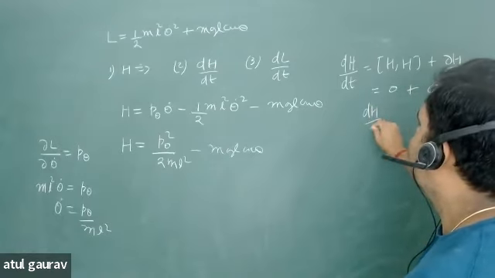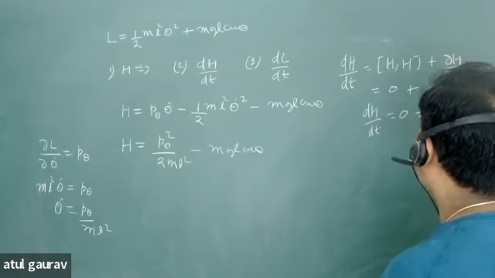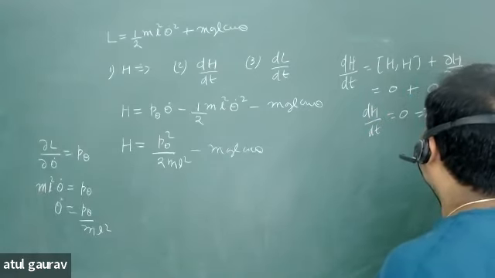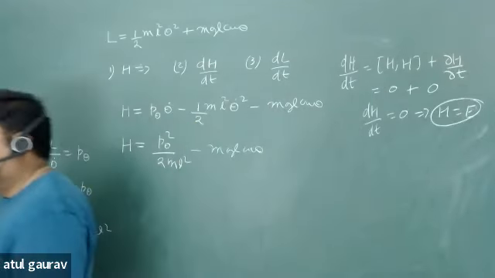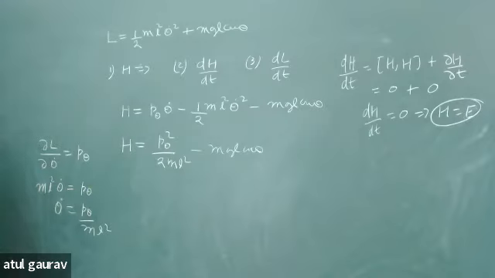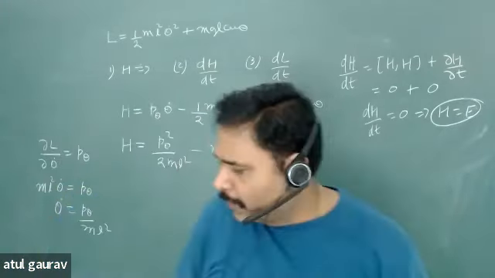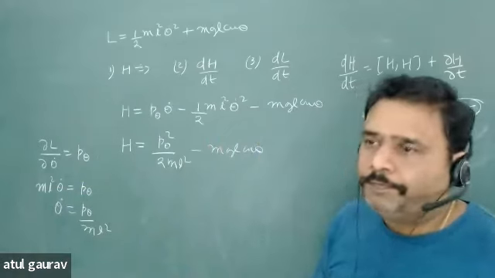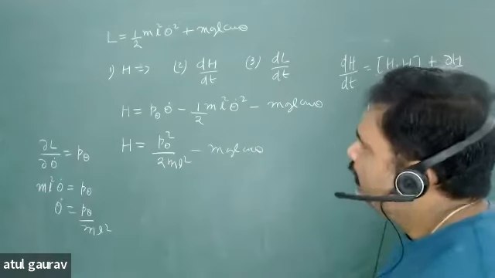So dH upon dt is equal to 0, which implies H is a conserved quantity, which is identified as the total energy of the system. And this H is here nothing but the kinetic energy plus the potential energy of the system.